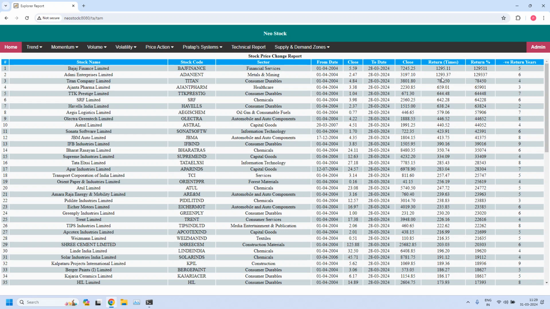And a Tata company stock, 20 years back, if you would have invested 1 lakh, today you would have got 7 crore 84 lakhs rupees.